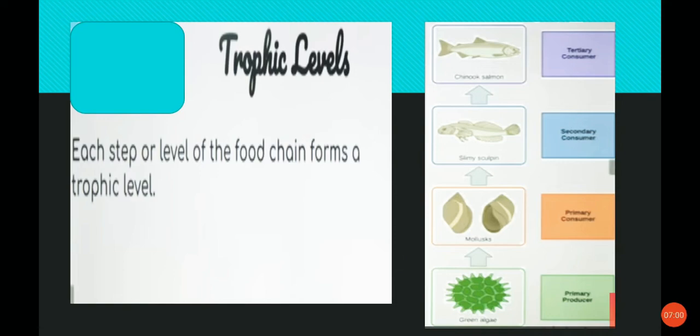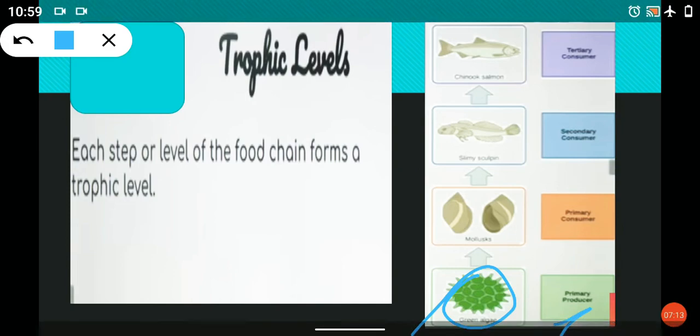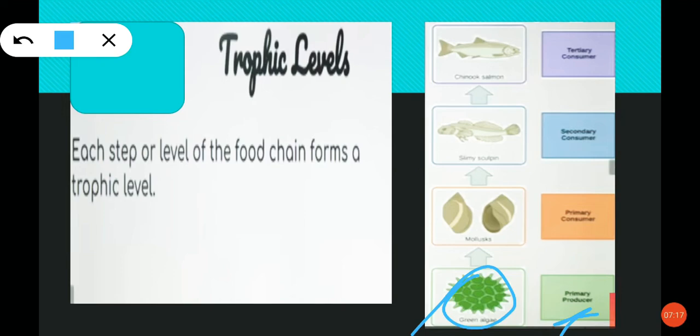Each step or level of the food chain forms a trophic level. We have seen in the previous slide that there are levels depending upon what the organisms feed on. Suppose here this is green algae, which is unicellular, like a plant. This is the primary producer. This is one trophic level.